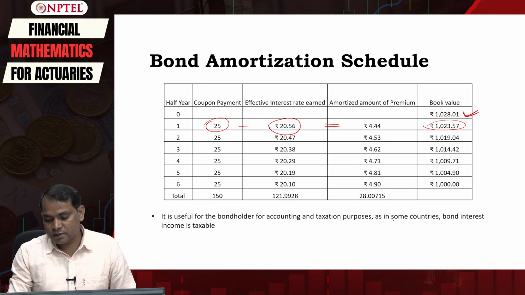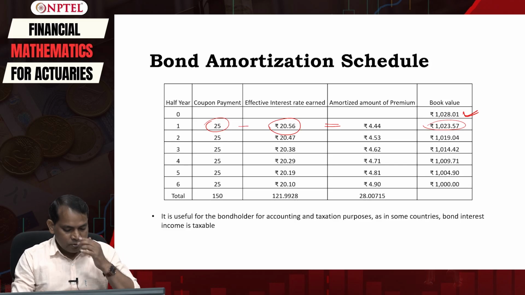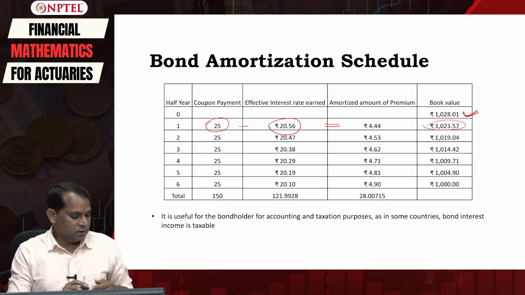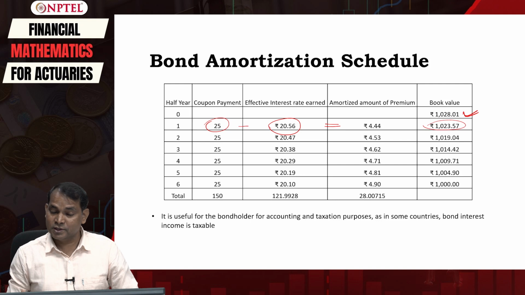In some countries, bond interest income is taxable. In our country also, the interest earned by holding the bond is taxable, and therefore you need to compute how much interest you are going to earn, for which you can compute the taxation, and while filling the TDS form or Form 16, you can take this information into account and complete the form.